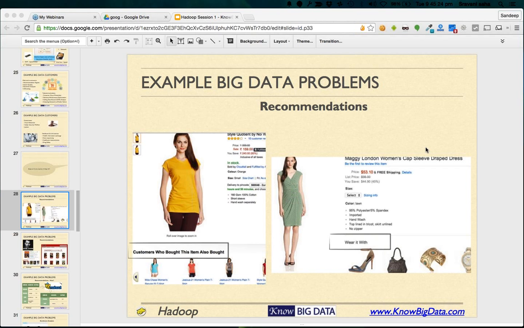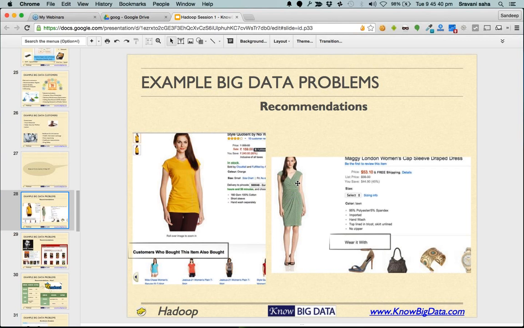Recommendation could be very simple, such as customers who bought this particular product also bought these products. Second is "you may like to wear this one."